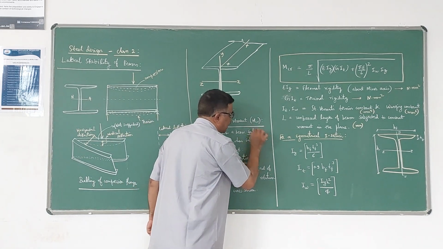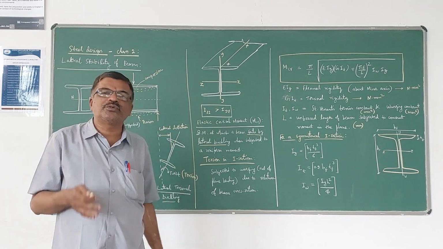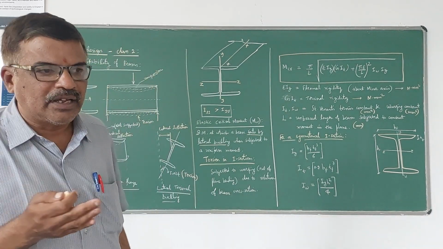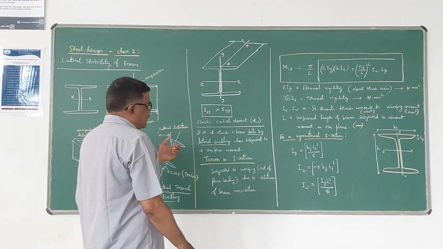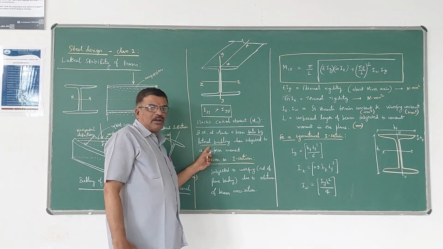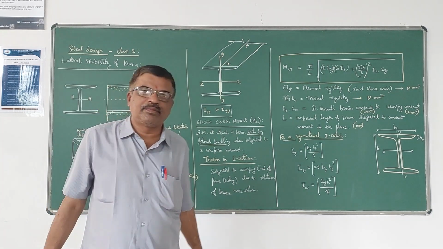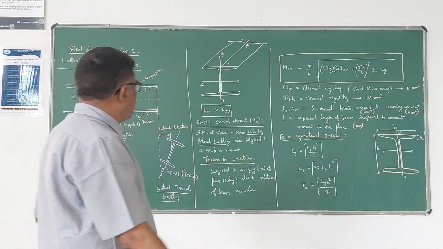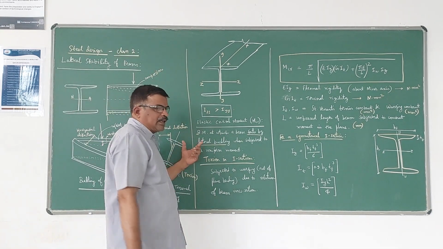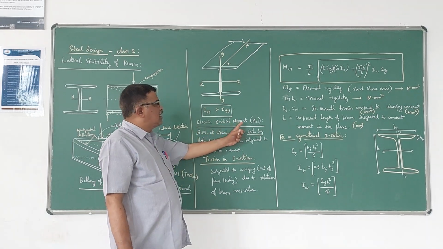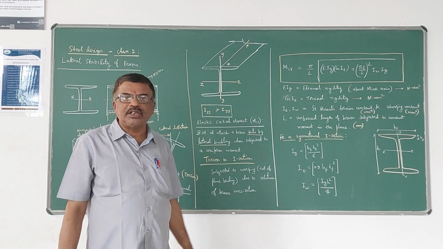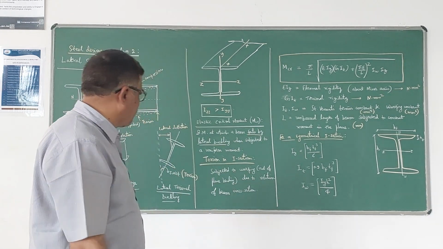Of course, we use the term moment of resistance in the case of pure bending of a beam, so it is similar to that. When the beam is subjected to lateral buckling, whatever bending moment is there on the beam, that is called the elastic critical moment, denoted by MCR. CR represents the critical moment.